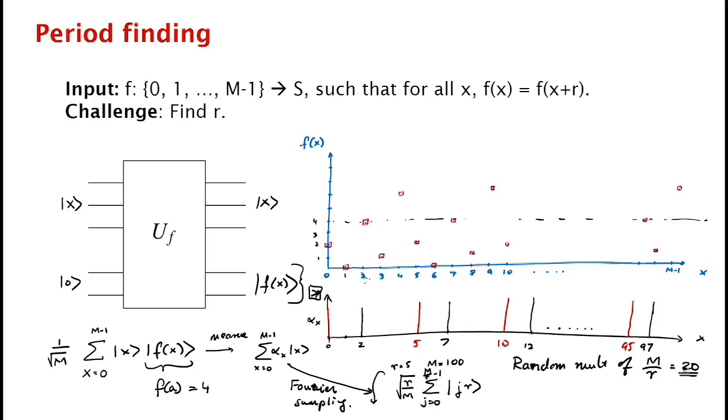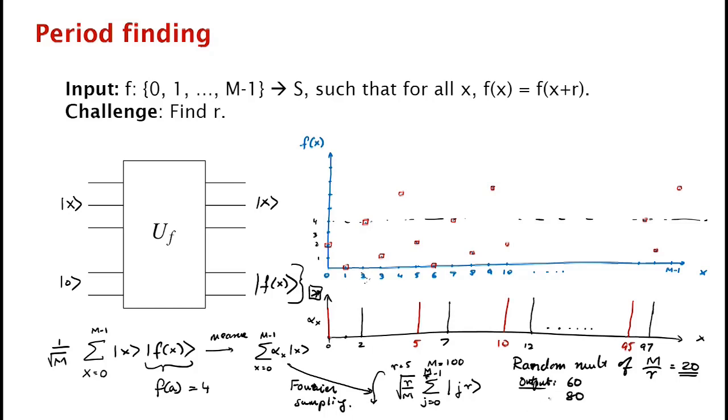So what we get to see is a random multiple of 20. So for example, the first time we run this experiment, our output might look like 60. Then we rerun the experiment, and maybe our output looks like 80.